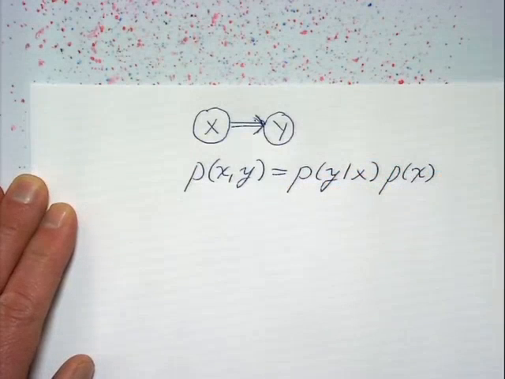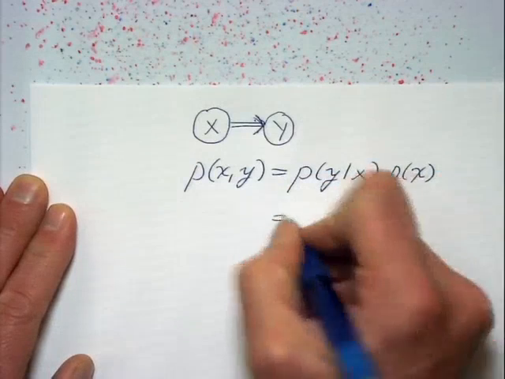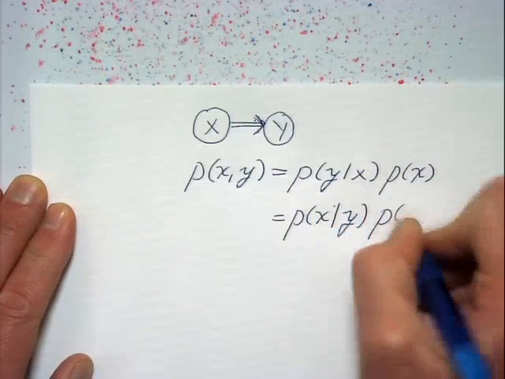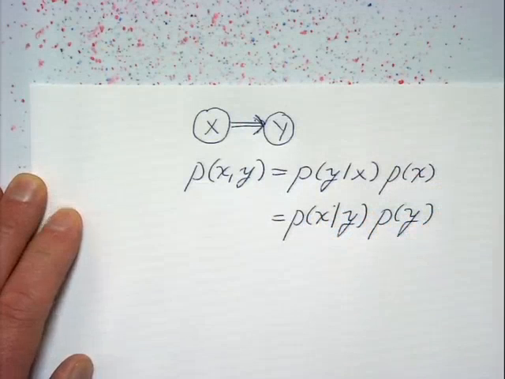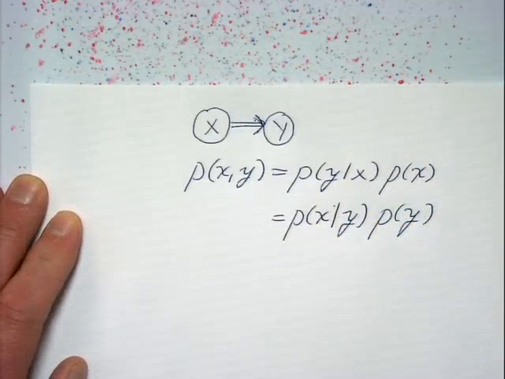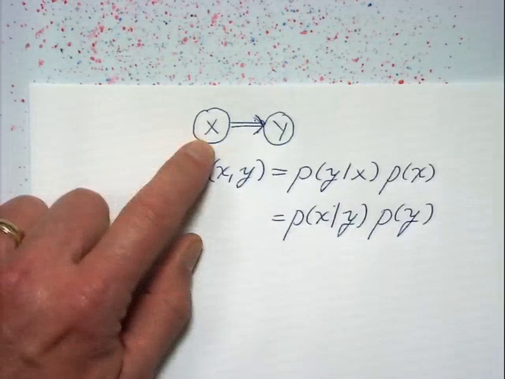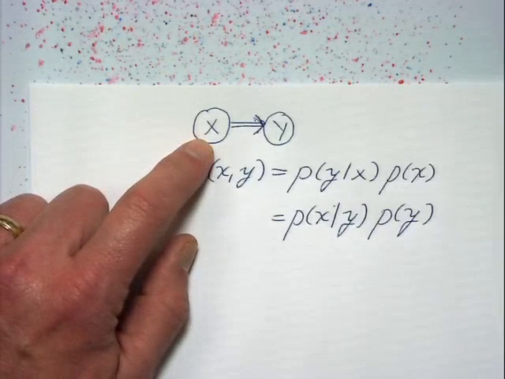But you could have just as well said that this is the probability of x given y times the probability of y. In fact, we have this sense that causality is related to time sequence, but there's no idea of time, per se, in random variables.